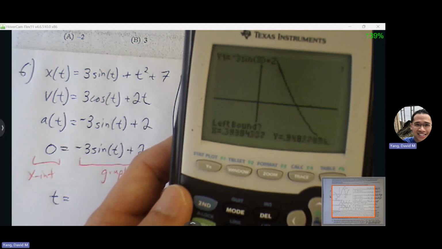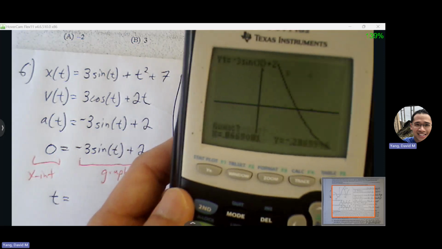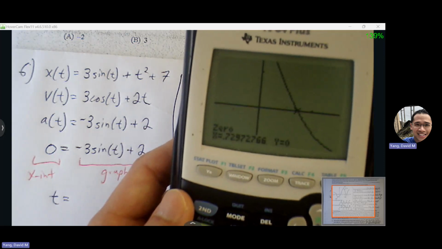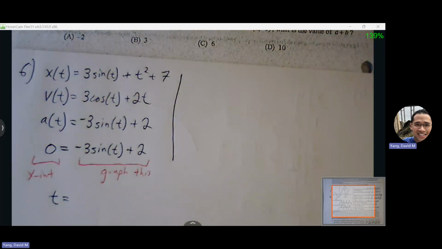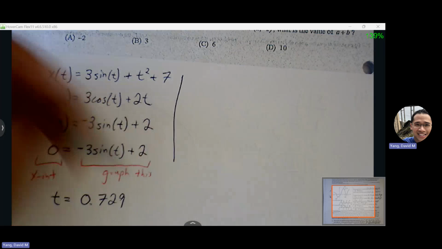Pick a point to the left of the x-intercept, hit enter. Pick a point on the other side of the x-intercept, hit enter. 0.729. So we know that acceleration is 0 when t is equal to 0.729.